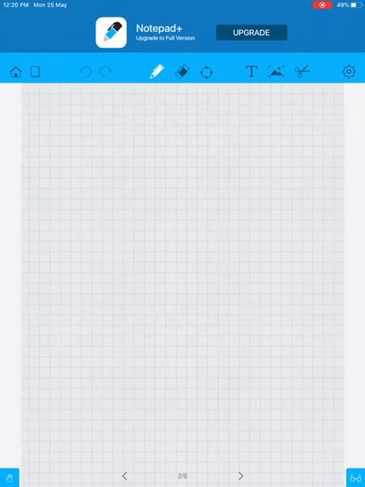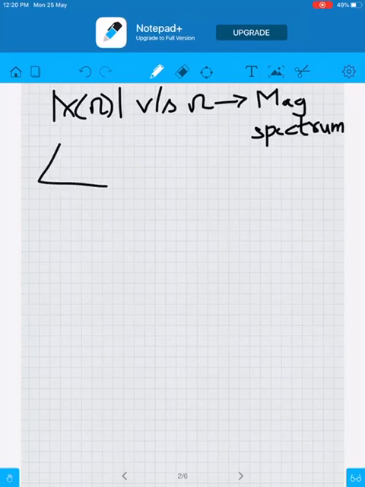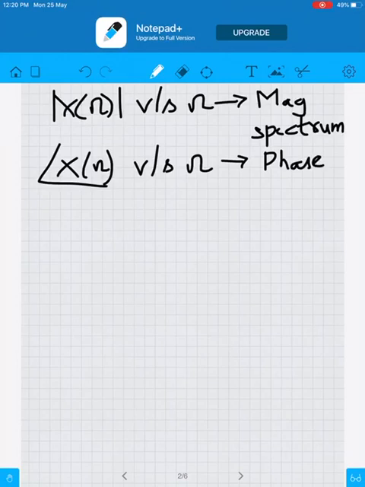The plot of magnitude of x of omega versus omega is called the magnitude spectrum. And the plot of phase of x of omega versus omega is called the phase spectrum.